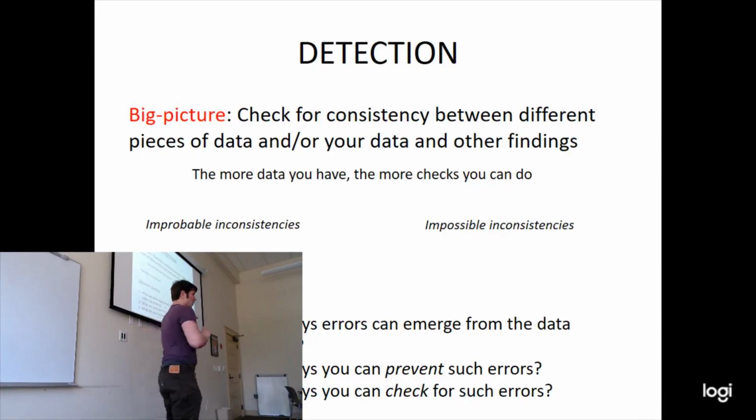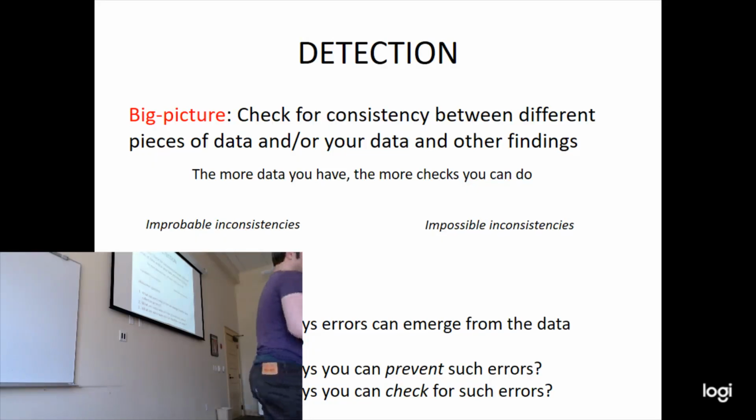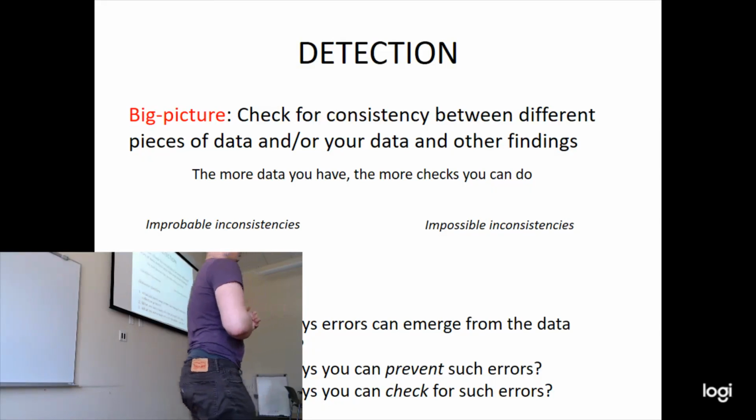Two, what are some of these future-looking things that you can do to prevent those errors? And three, what are some ways that you can check for those errors, either looking for inconsistencies that are improbable or inconsistencies that are impossible. I'll give you about 10 minutes to talk about this. I've got some that come up a lot in my area that might be helpful for you, but I'm first interested to see what kinds of things you can generate. So take about 10 minutes and we'll circle back.